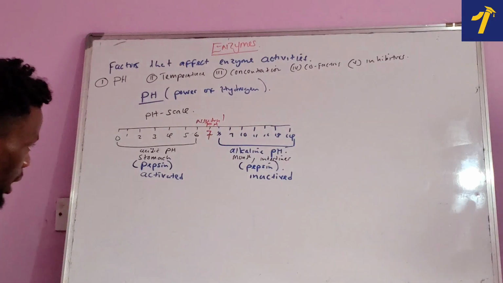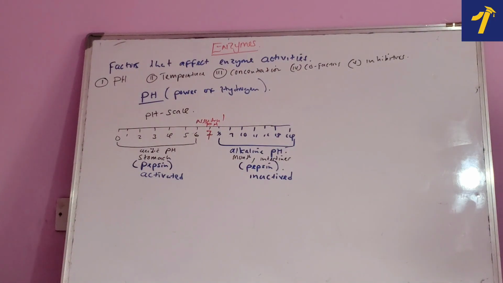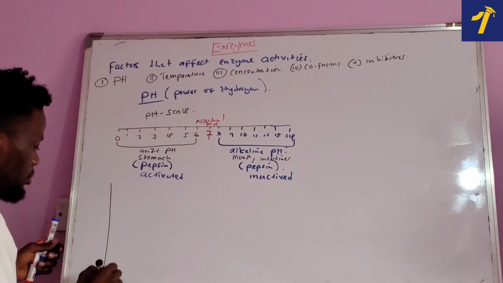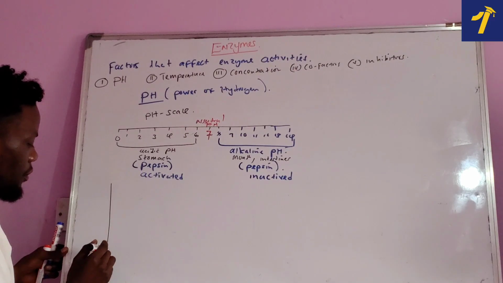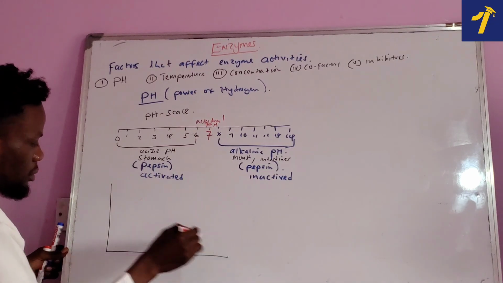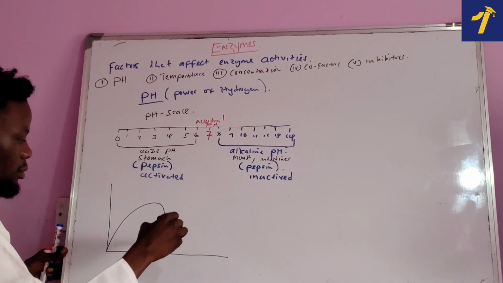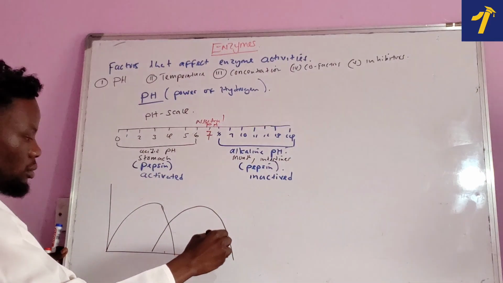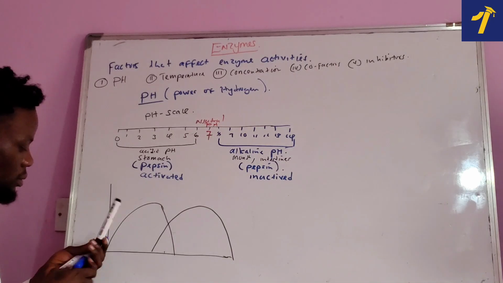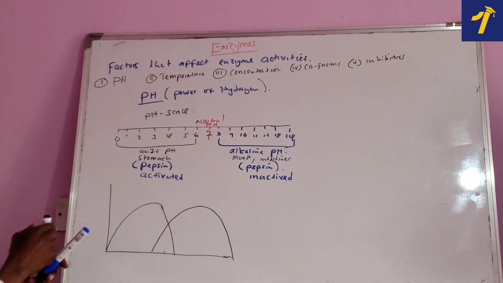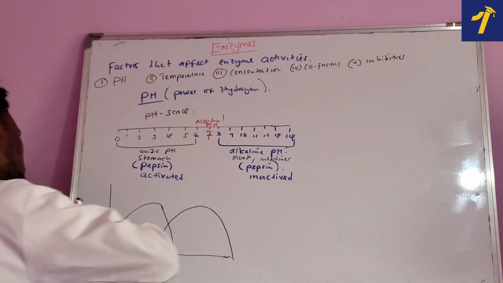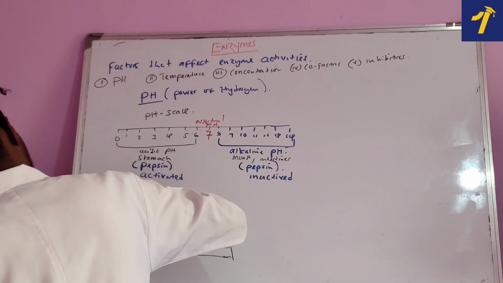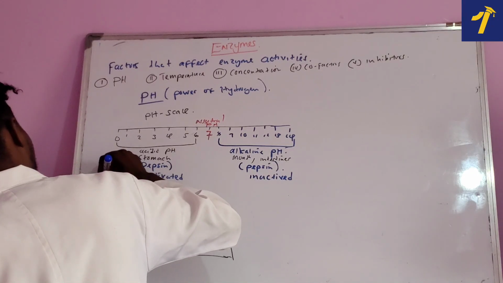Alright? Now, another important concept that we need to understand here is this one. If you have a graph like this, on a graph like this, this side is the rate of enzyme activity.